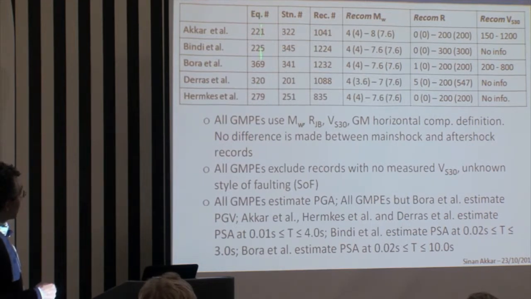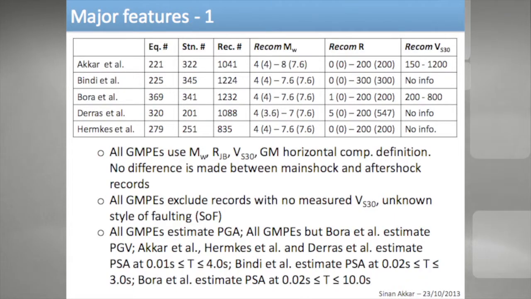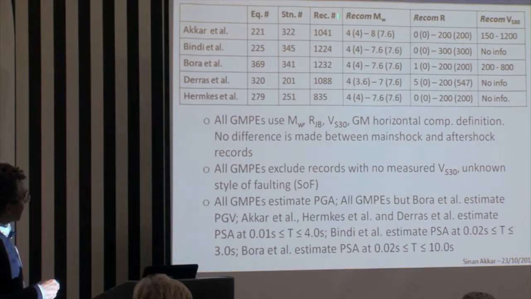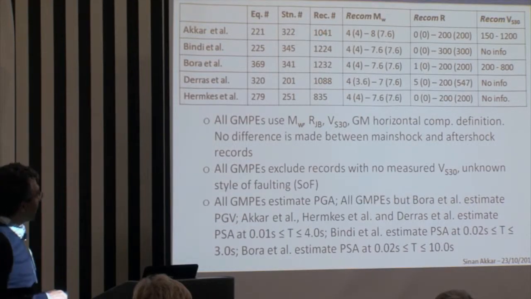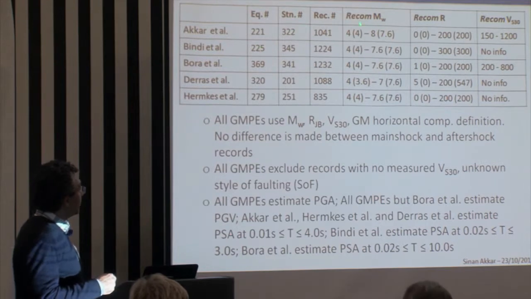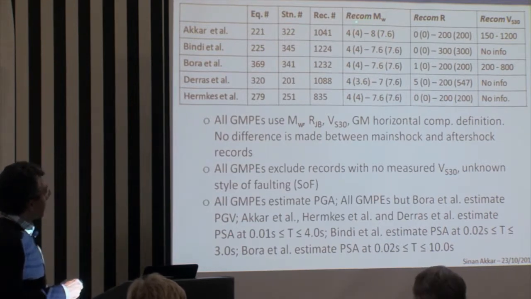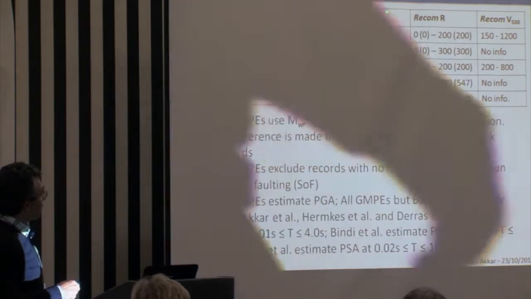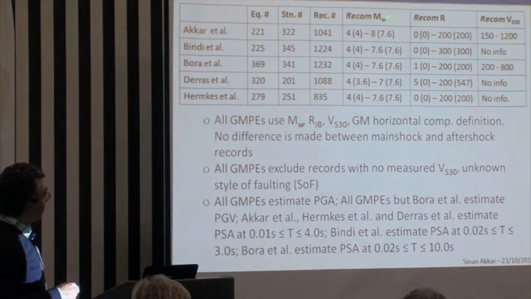So this table, in a way, describes the overall limitations of each method. The first column shows the number of earthquakes used by each developer team. The second column, the number of stations used by these GMPEs. Third column, the number of records used. Here, I'm showing you the recommended magnitude values.